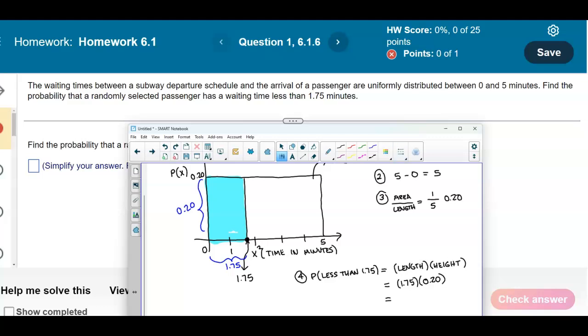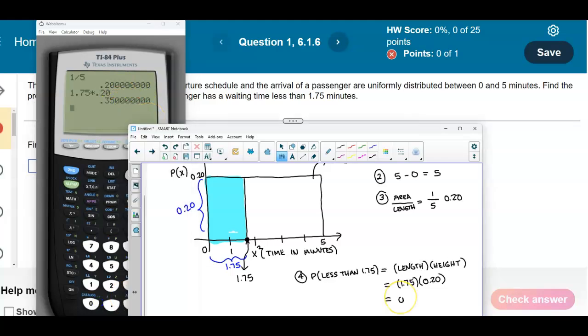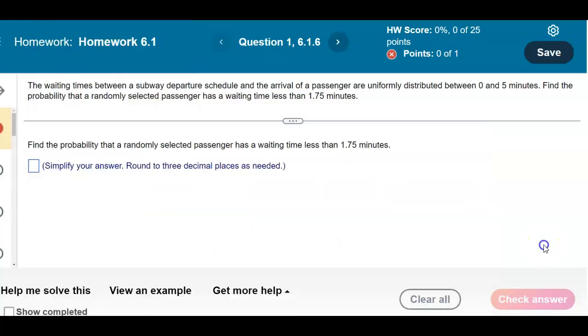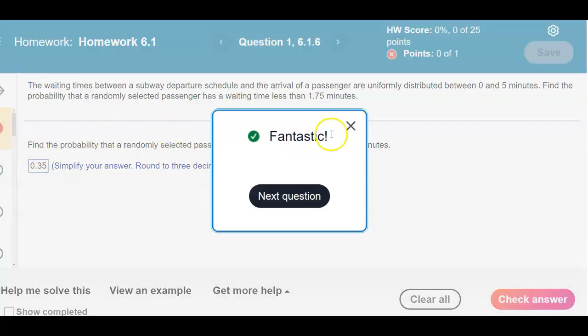So let's multiply that out: 1.75 times 0.20 gives us 0.35. This is considered the area or the probability. So that 0.35 is the probability that a randomly selected passenger has a waiting time that's less than 1.75 minutes. Let's put that answer in, 0.35, and there is our answer.